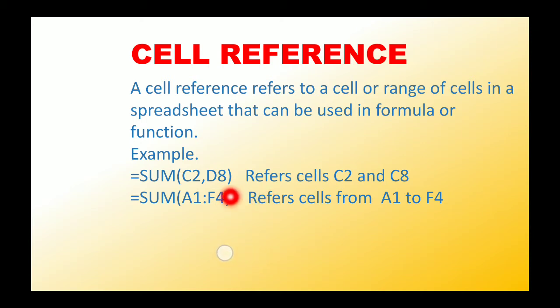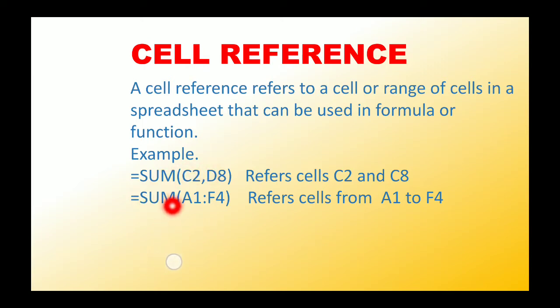So what does this first function do? It just sums up C2 and D8. The values stored in C2 and D8 will be added with the help of the SUM function.